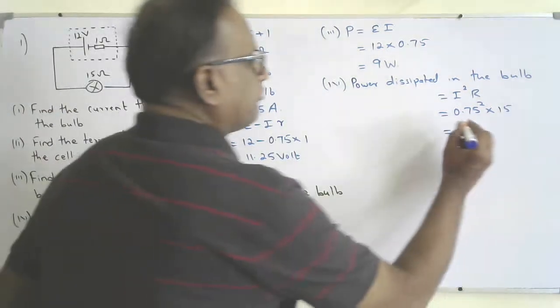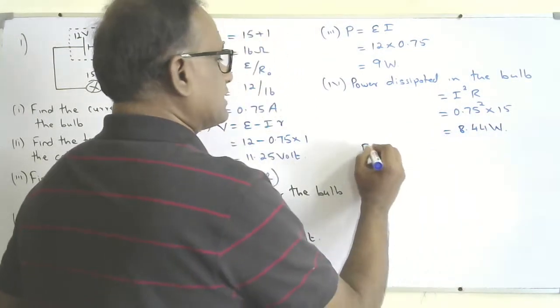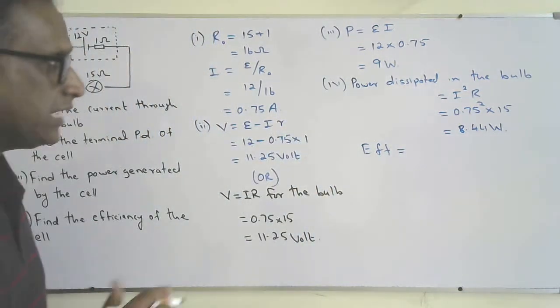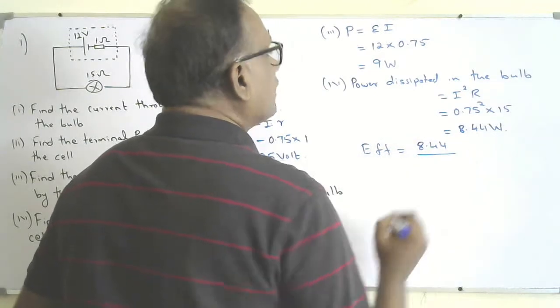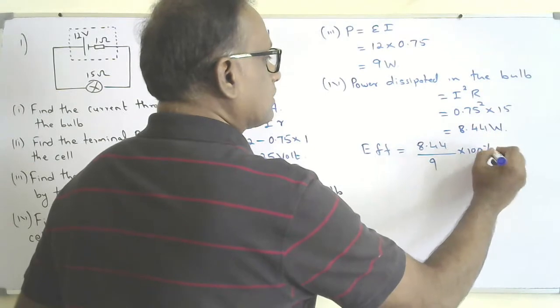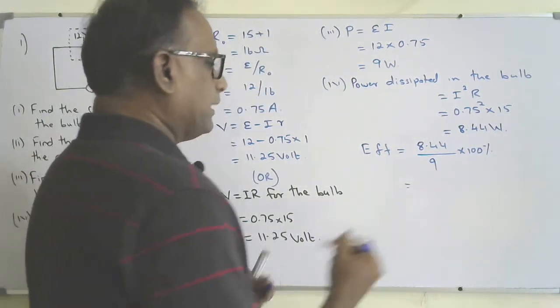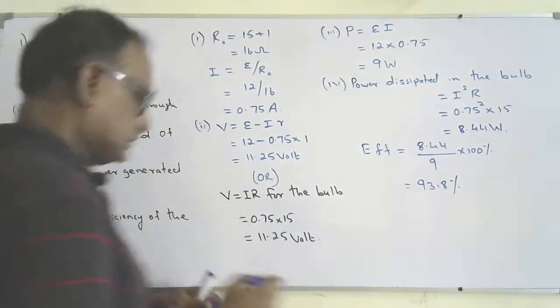That will be 8.44 watts. So efficiency of the power supply in this circuit will be useful output 8.44 over power generated 9, into 100%. So that will be 93.8%.